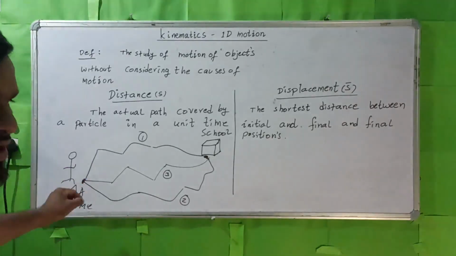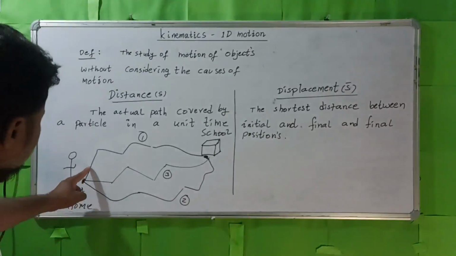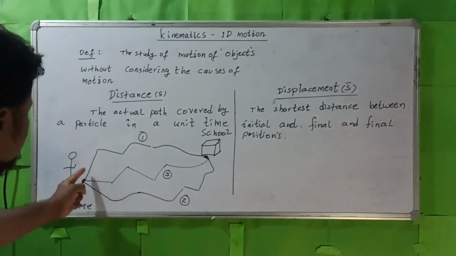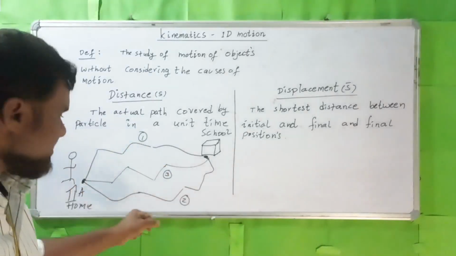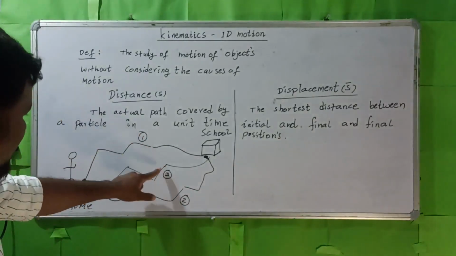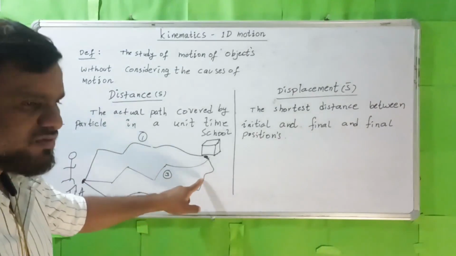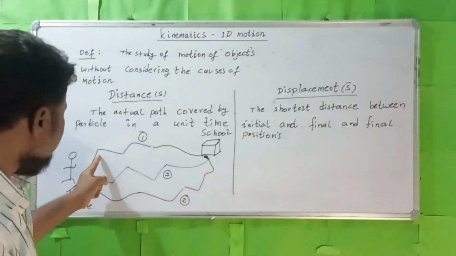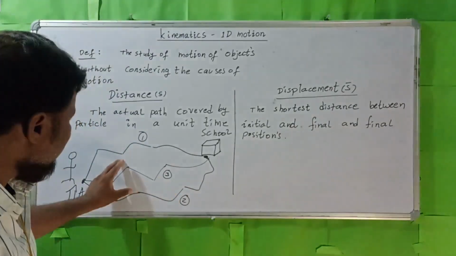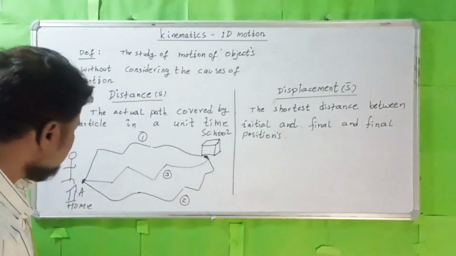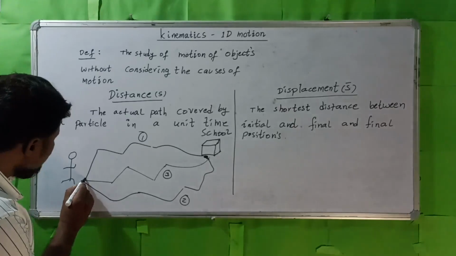Here, the main important thing you should observe is that there are turnings. It is not a straight path. Among all paths, there are turnings. Each turning gives a change in direction. Here, the direction is not constant. Suppose he is moving this way.